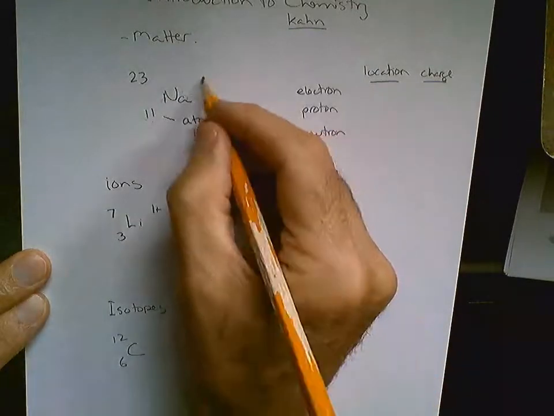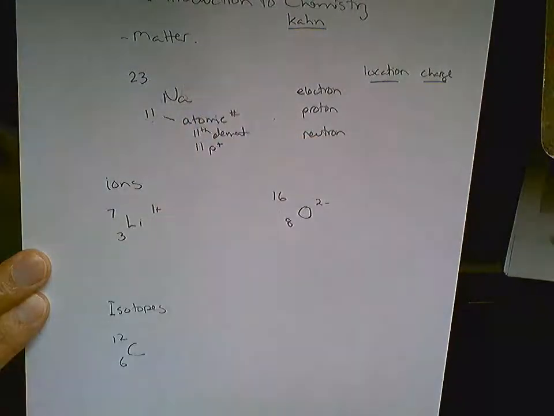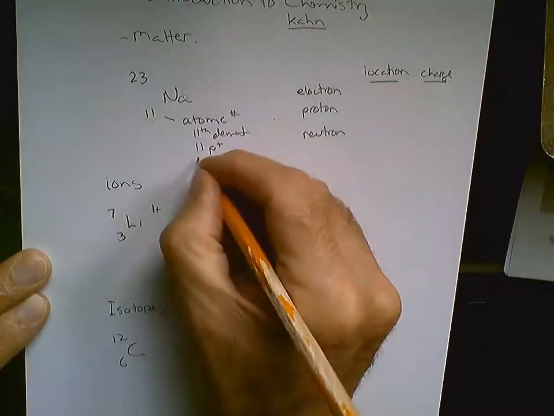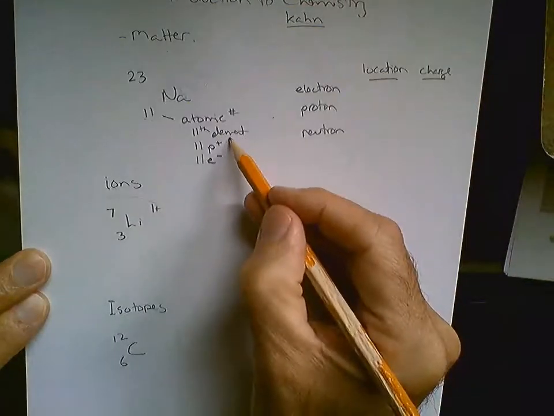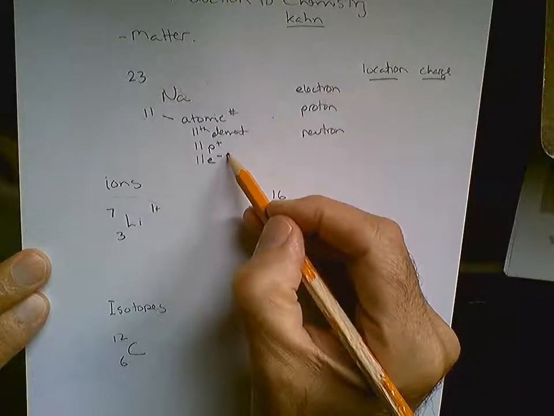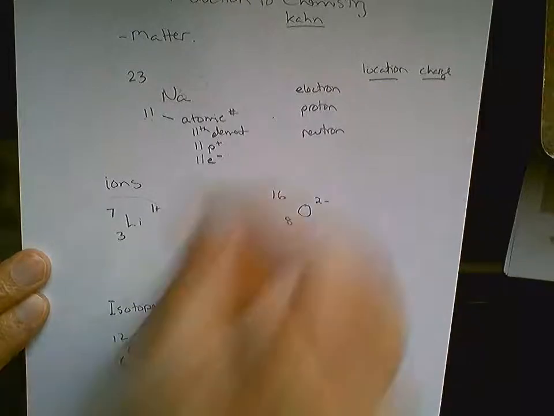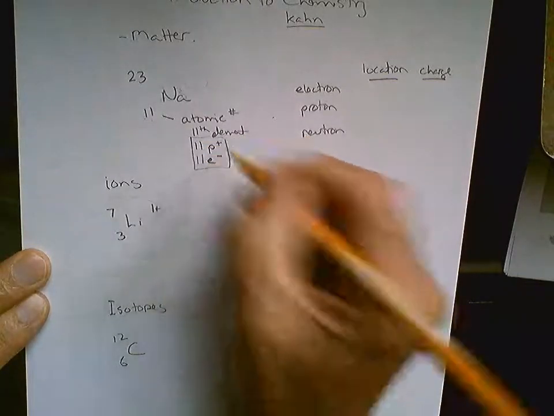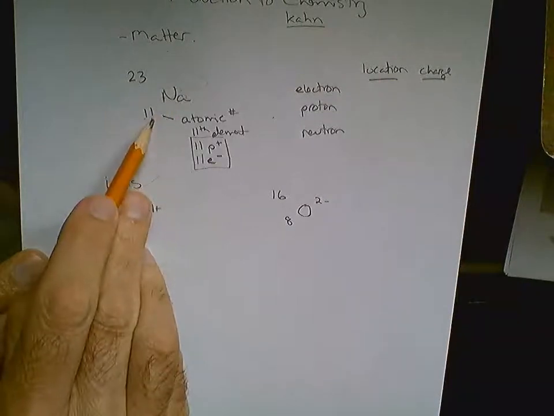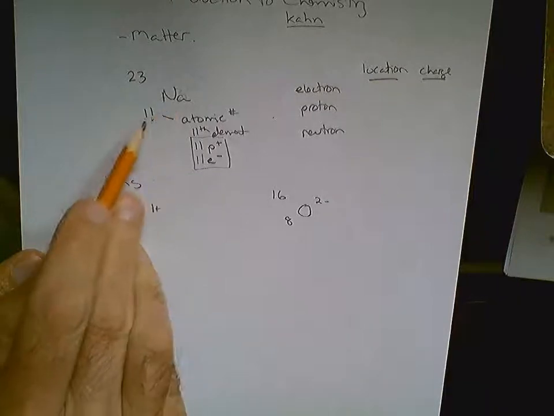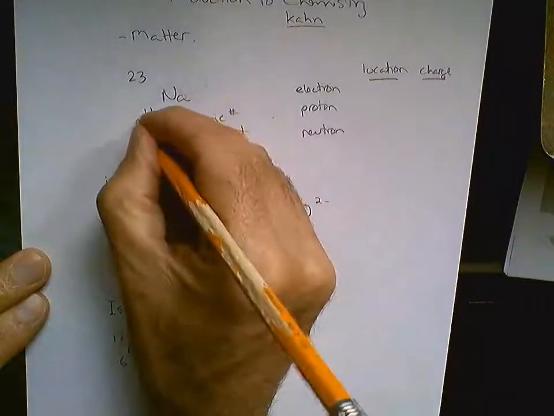If it has 11 protons and no charge is given, that means it also has 11 electrons. Protons are positive, electrons are negative, and I'm going to review these in a minute. So these are 2 important pieces of information we can see from sodium being the 11th element. Take a look at a periodic table, find sodium, and make sure you can find that number 11.